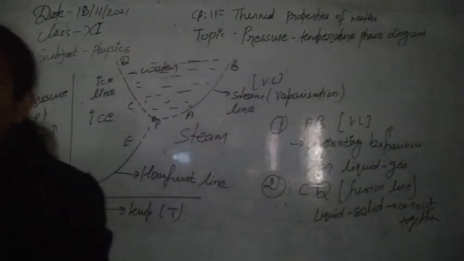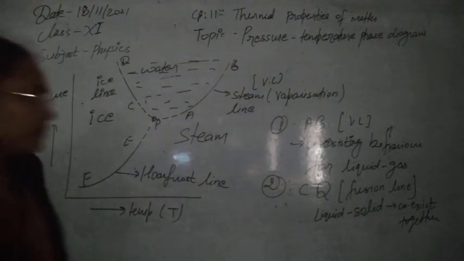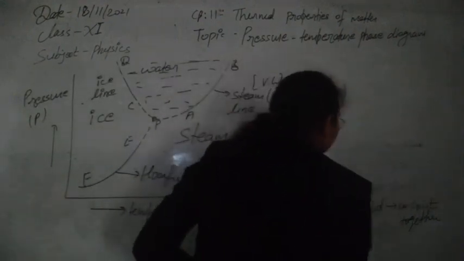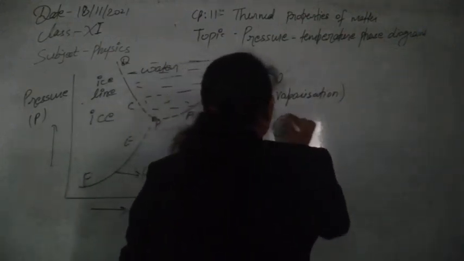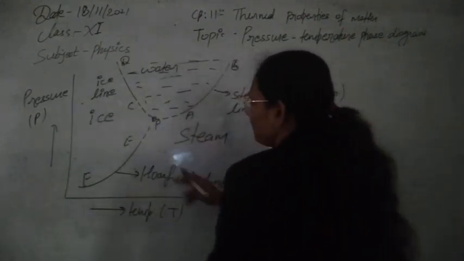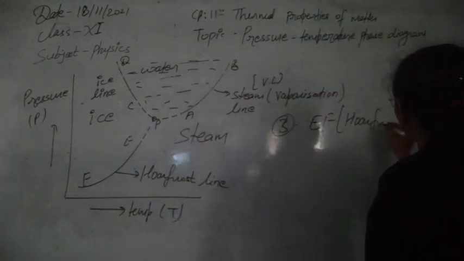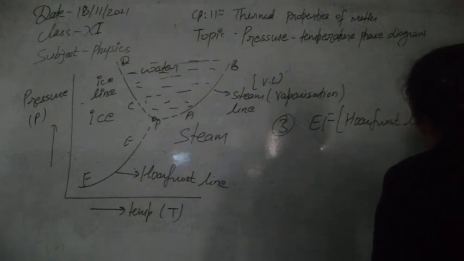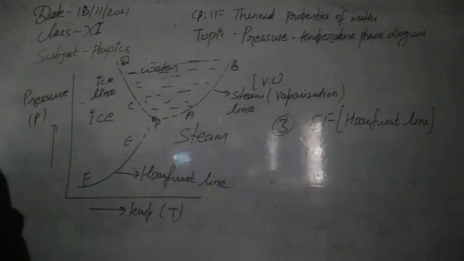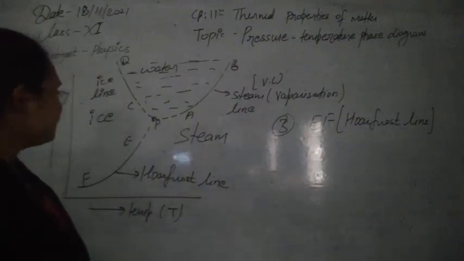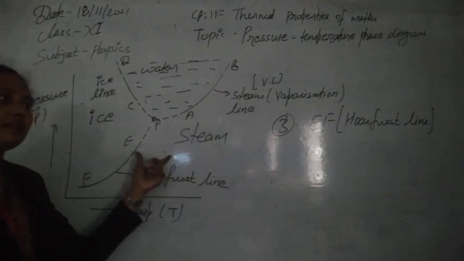Now the third one, let's see in this diagram, that is EF. Let me just rub this line first. So the third one is EF, which is now called the crossed line. Now what is the meaning of this line? Here also, in the case of water, ice and steam, two phases, can coexist together.